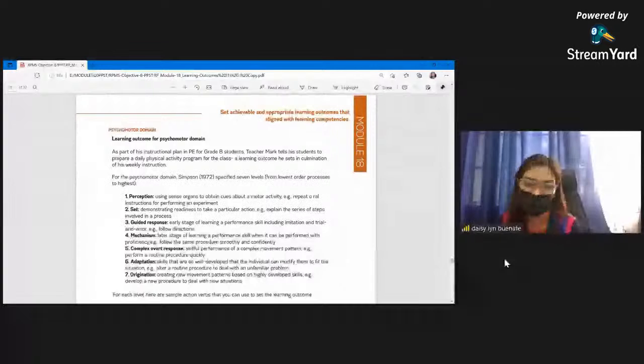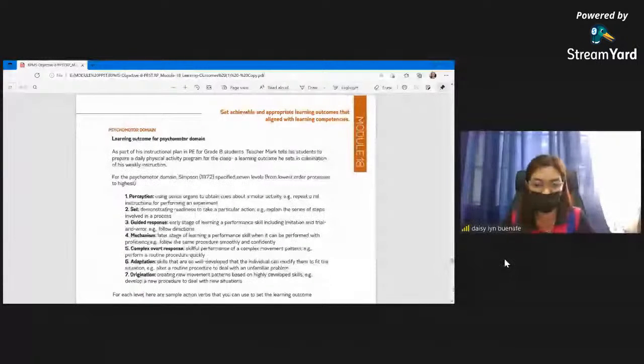Once they can perform this, then adaptation: skills that are so well developed that the individual can modify them to fit the situation. Example, alter a routine procedure to deal with an unfamiliar problem.